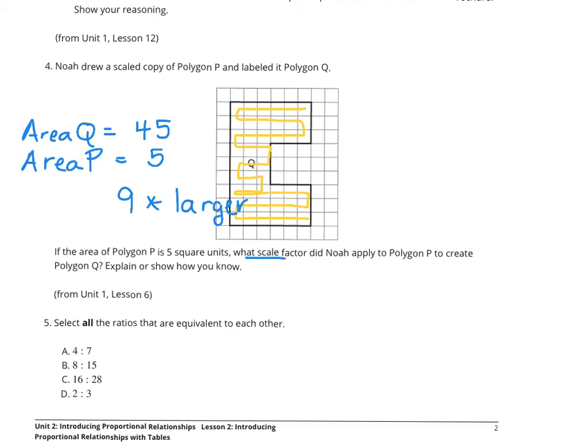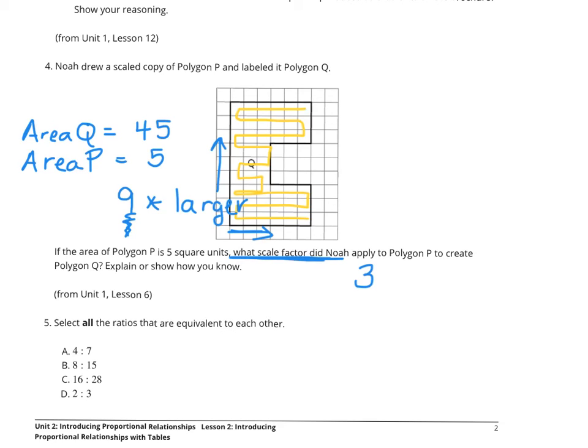The question is, what scale factor did Noah apply to polygon P? Well, if it's 9 times as big, that means it should be 3 times as big this way and 3 times as big that way. That's called the square root of 9. It's a number times itself that gives us that 9. So our correct answer there should be a scale factor of 3.